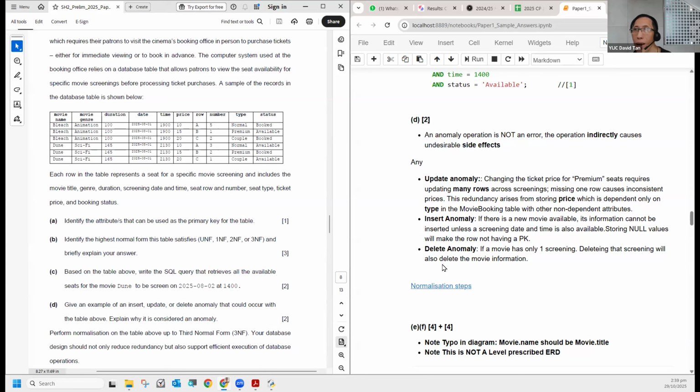Even if it's not 2NF, there is also redundancy. So long as you have redundancy in your table, there is a chance of all these anomalies happening.